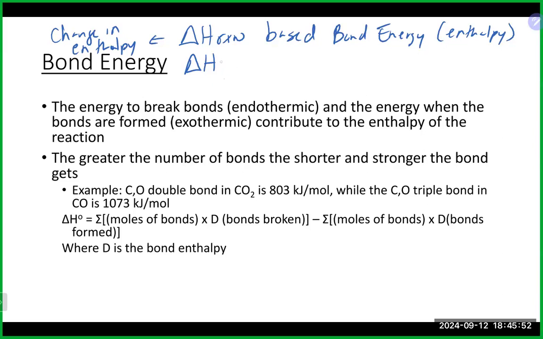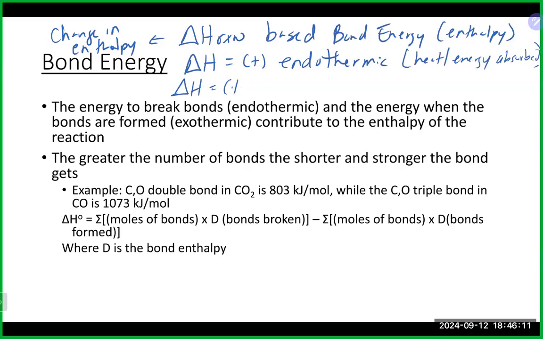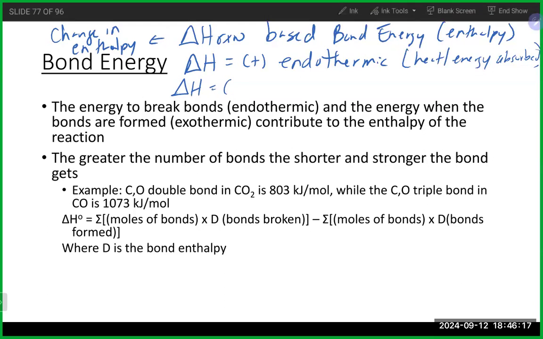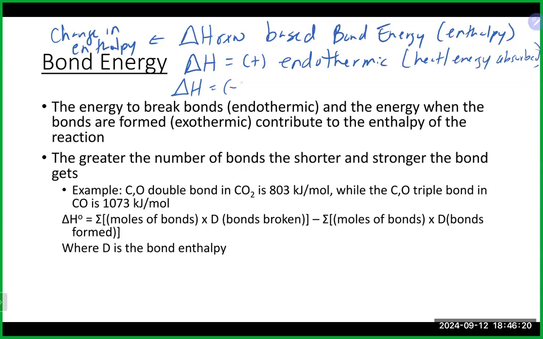If you end up with a delta H value that is positive, then you are dealing with an endothermic process, which means heat and energy is absorbed. If you end up with a delta H that is negative, it's an exothermic process, which means heat and energy is released rather than absorbed.